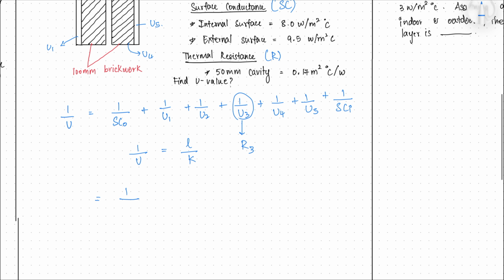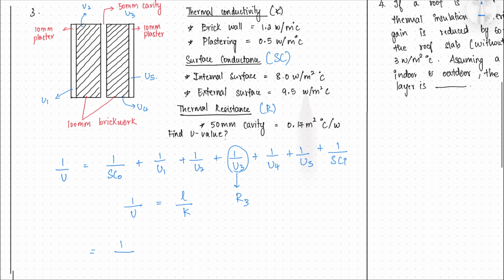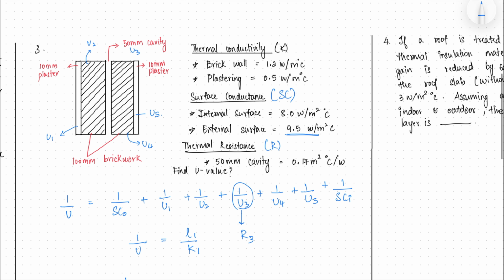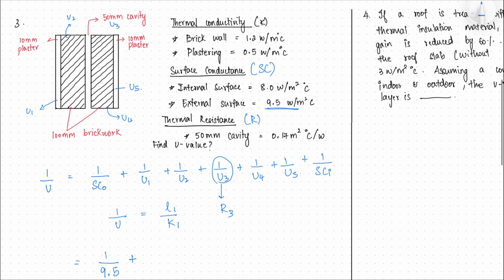1 by SE naught, which is the external surface conductance, is 9.5. So 1 by 9.5 plus 1 by U1. U1 is L1 by K1. What is L1 here? L1 is 10 mm, which is 0.01 meters. So 0.01 by K1.